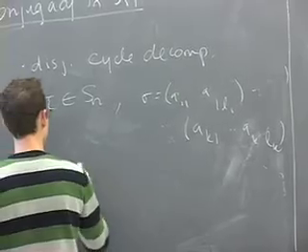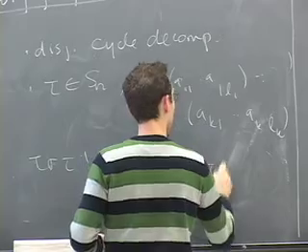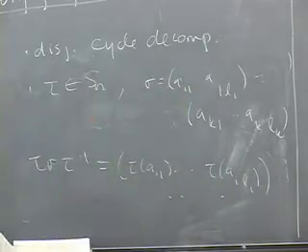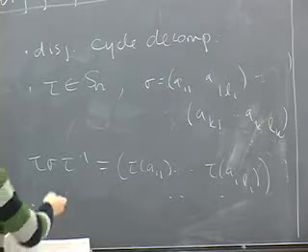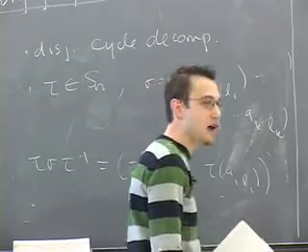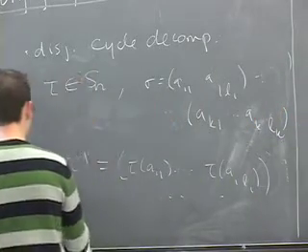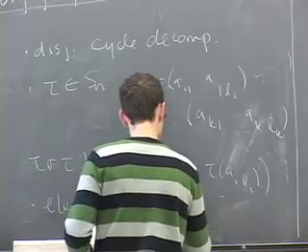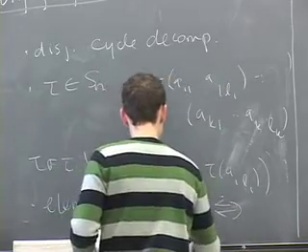Then tau sigma tau inverse is just equal to (tau a_11, tau a_12, ..., tau a_1l_1), etc. So we know how conjugacy works. And in particular, this formula shows effectively that elements of Sn are conjugate if and only if they have the same cycle shape.